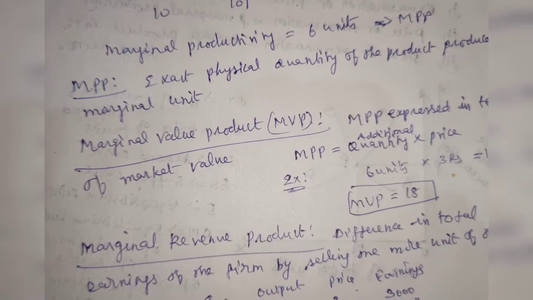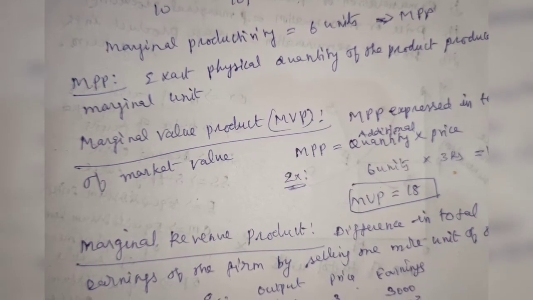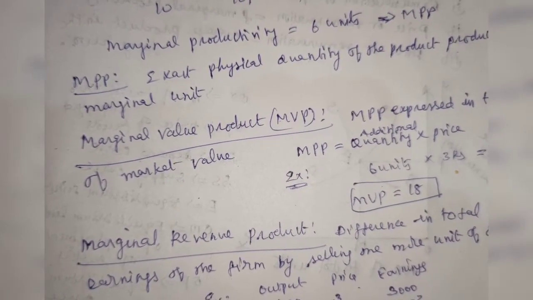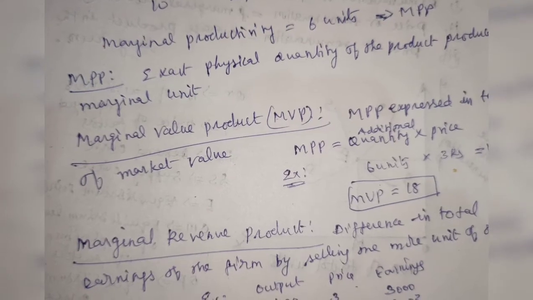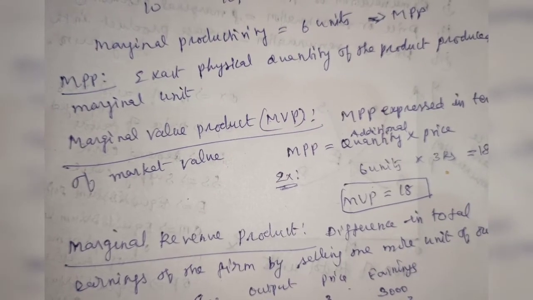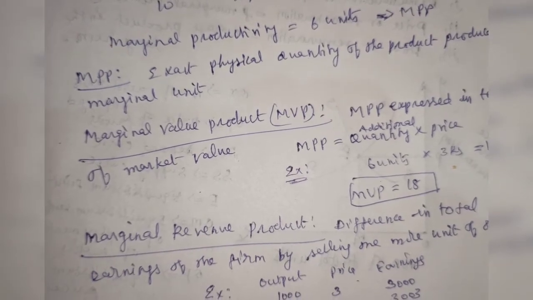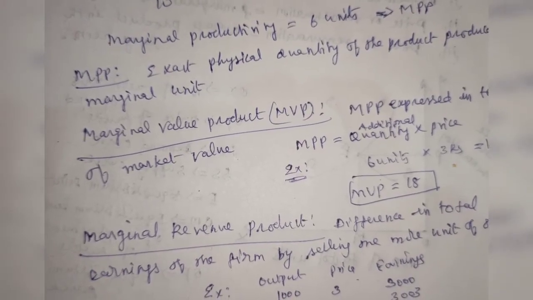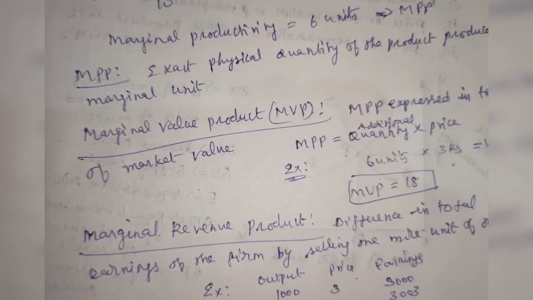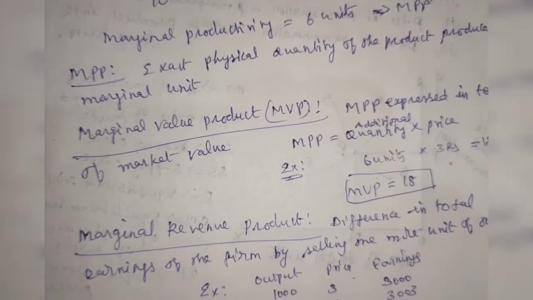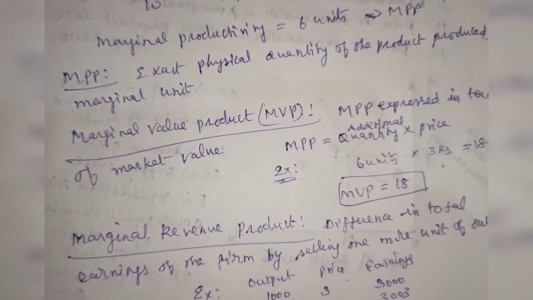And the next one is marginal revenue product. The difference in total earnings of the firm by selling one more unit of output is called the marginal revenue product. Take the same example, 1000 units of output and price 3 rupees.